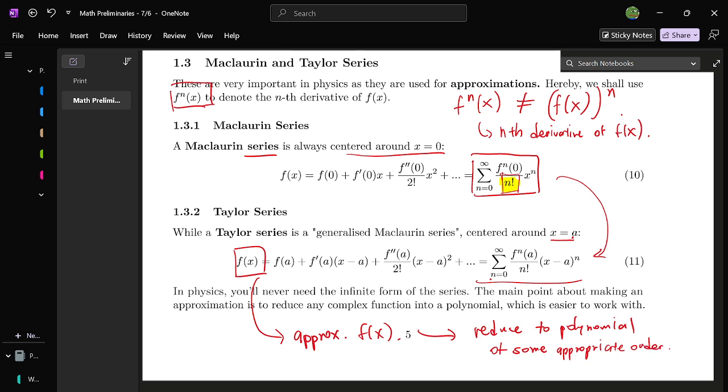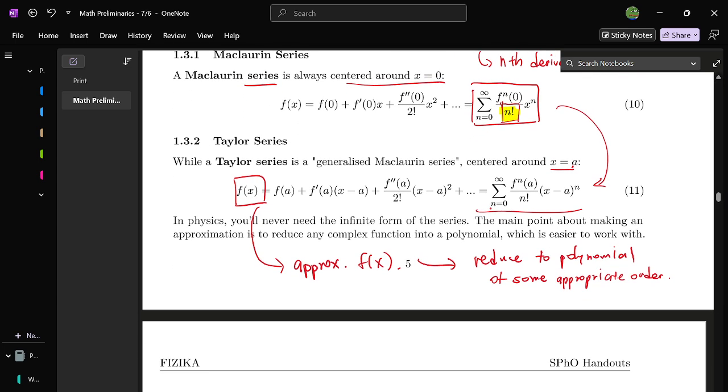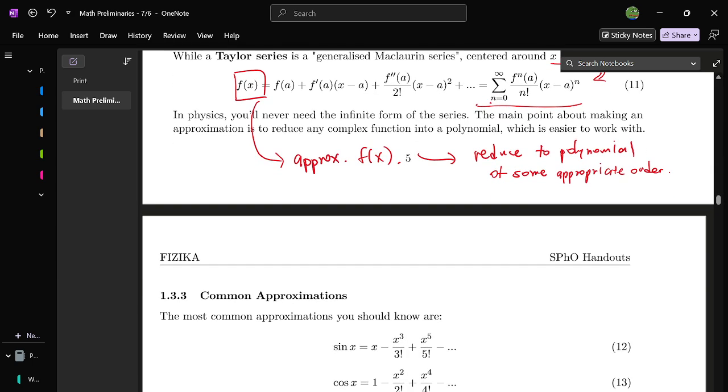And because you just want a polynomial of some appropriate order, you will never need the infinite form. But it is still quite important for you to know the infinite form because sometimes you might not know the order which you have to evaluate the series up to. Now I'll talk more about what I mean by this later on.